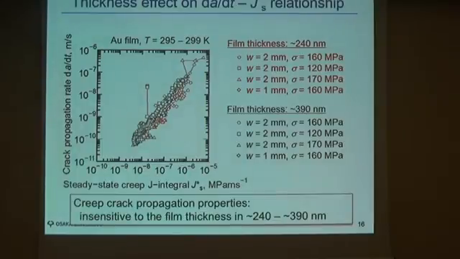So this result indicated that the creep crack propagation properties are insensitive to the film thickness, at least in the thickness range from 240 to 390 nanometers. As far as I know, this is the first study to experimentally clarify the validity of using the creep J integral for such very thin material. So we believe that this provides a rationale for the strength evaluation of this type of structure.